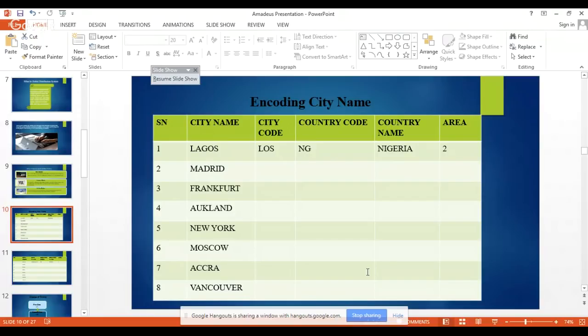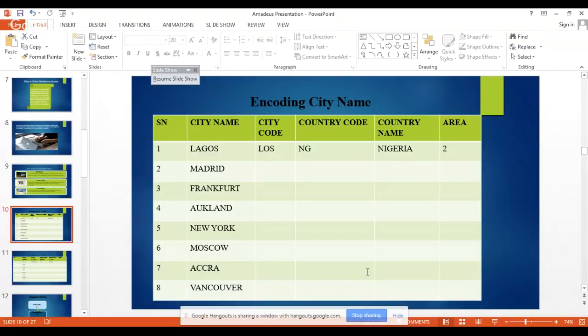Now the sixth one, we have Moscow. The code for Moscow is MOW, Mike, Oscar, and Whiskey. And the country code is RU. Note we have two country codes for Russia. Part of Russia is in Asia, and some part of Russia is in Europe, which is Moscow and St. Petersburg.